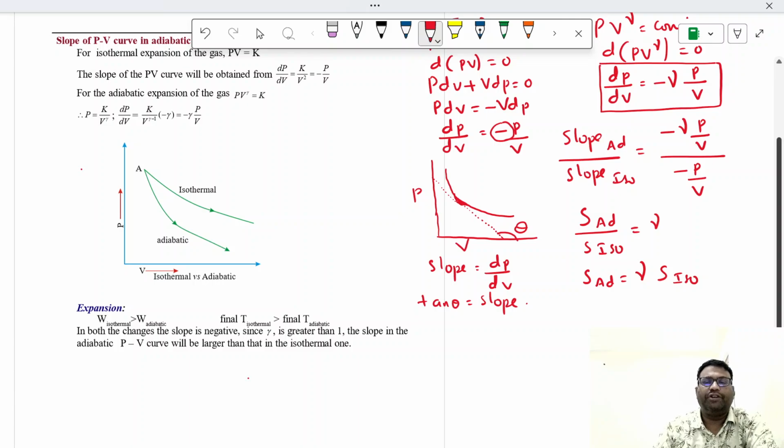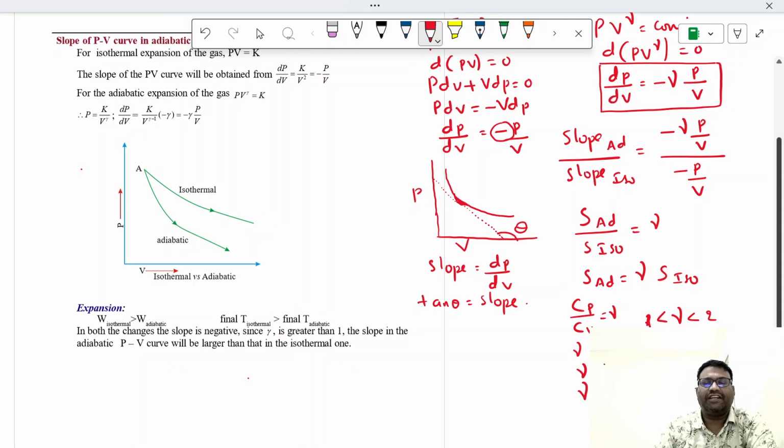Gamma, Cp by Cv, is called Poisson's ratio, which we have discussed before. Gamma is always greater than 1 and less than 2. Gamma for monoatomic gases is 1.66, for diatomic gas is 1.4, and for triatomic gases is 1.33.